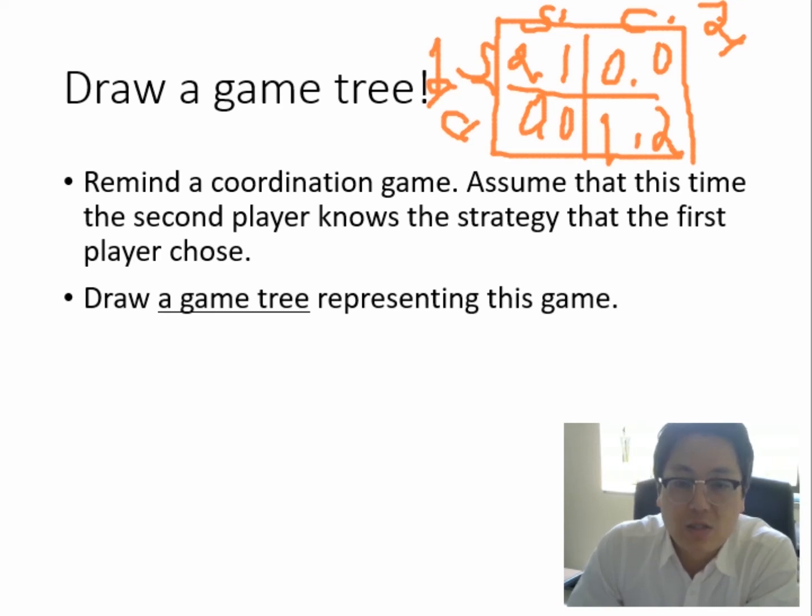Let's say the first player starts first. So here is the first player. The first player will choose S or C. And now the second player will choose between S and C.